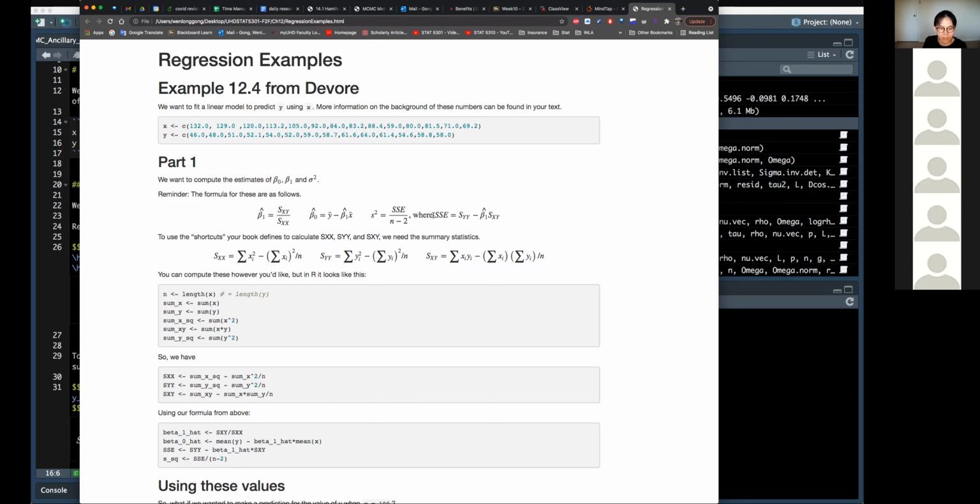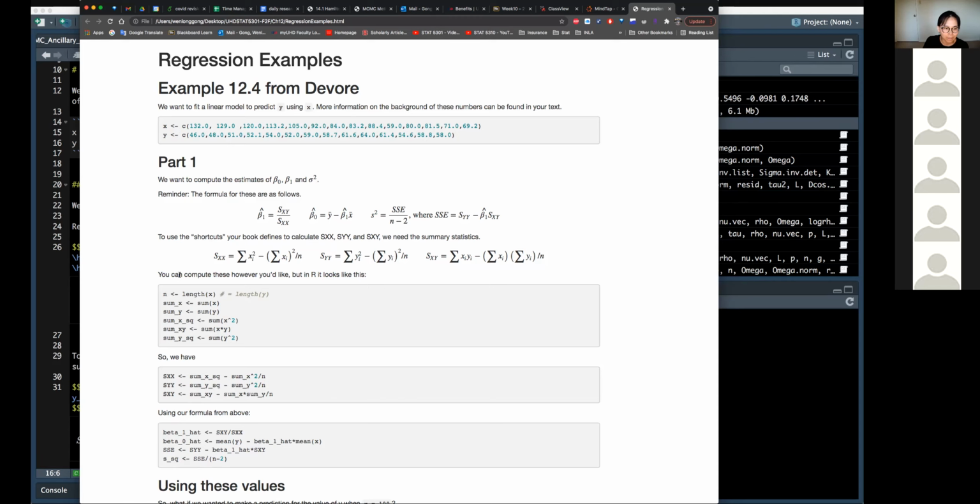The formula for the sum of square error is like this. Basically, we need SXX, SYY, and SXY, which are needed here and here. So we need to calculate these three things in order to get these estimates.